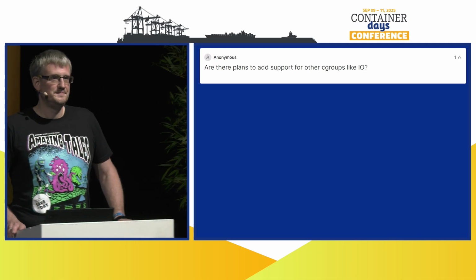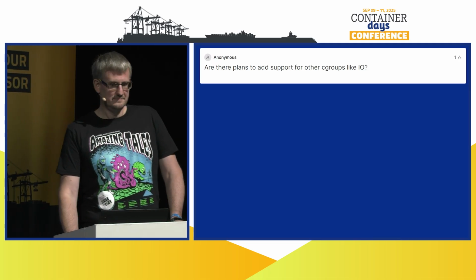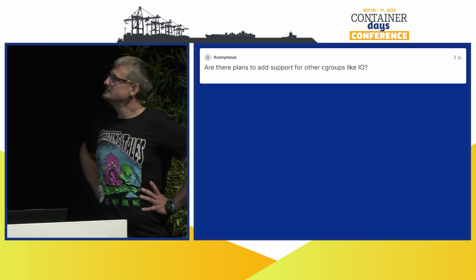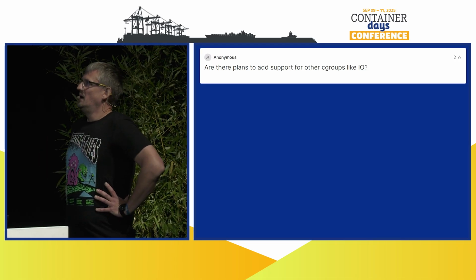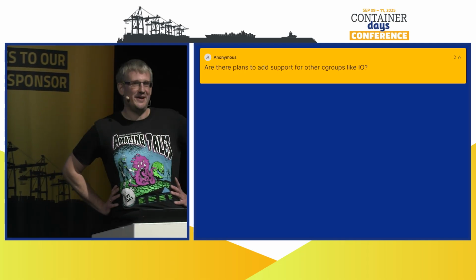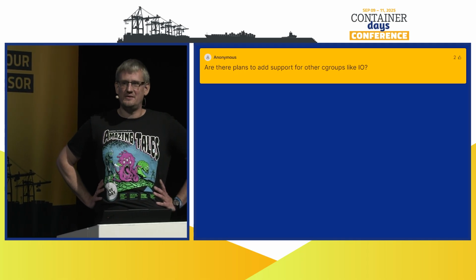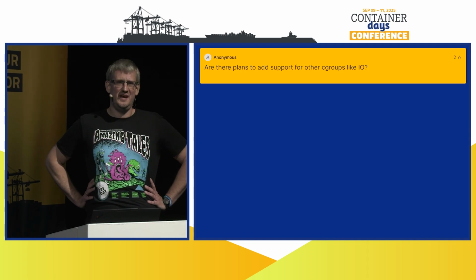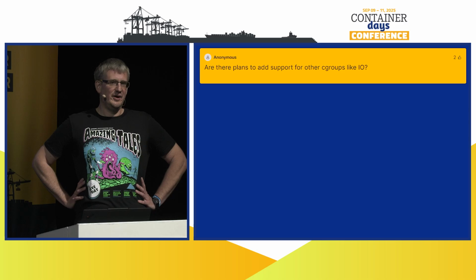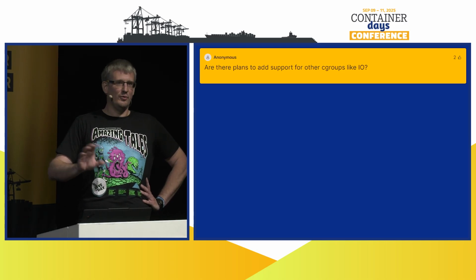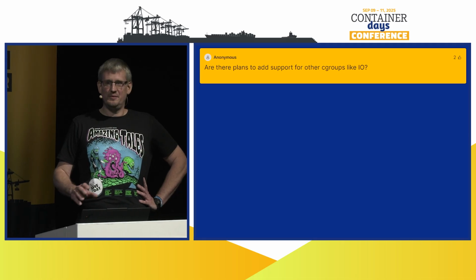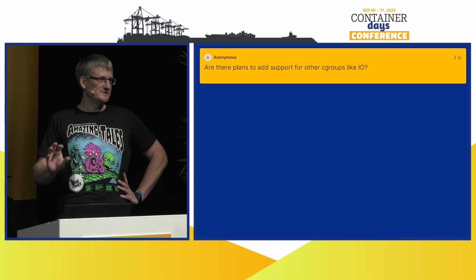Okay. We have one question over there. Are there plans to add support for the other cgroups like I/O? Yes. I think there are KEPs out there, and maybe there is even already GA or beta support for things like I/O and certain things. But this is again a whole different topic, and I think CPU and memory is the 99% use case.